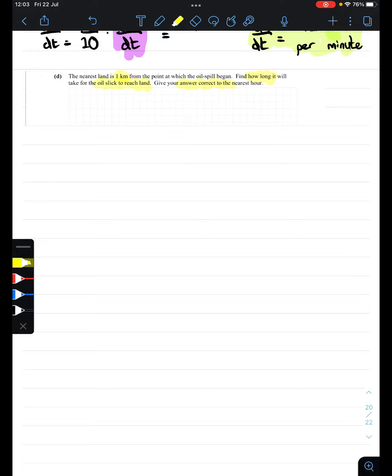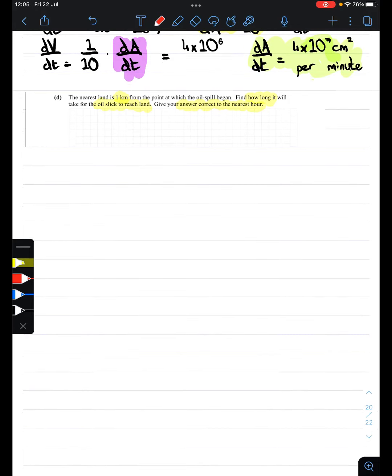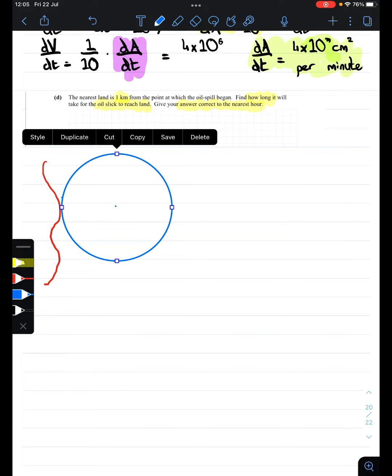Well, let's say the coastline looks something like this, and the oil slick starts, say, here. It's going to look something like this, and let's make that a bit bigger. So this is the center.